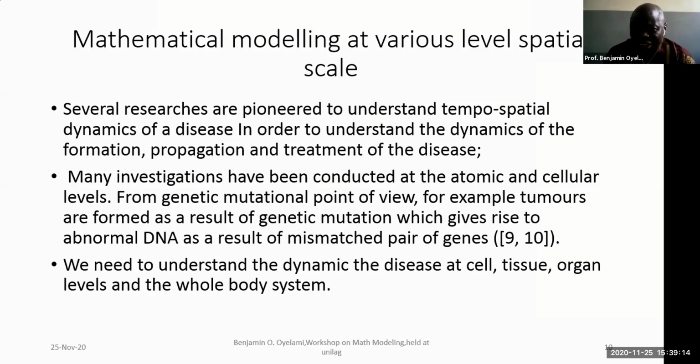How does the disease grow in the system or the organ of the person? These are different scales which we can discretize, for example the organ, the tissue, and so on, because each represents some scale in discrete form. So we want to study it at different time scales.